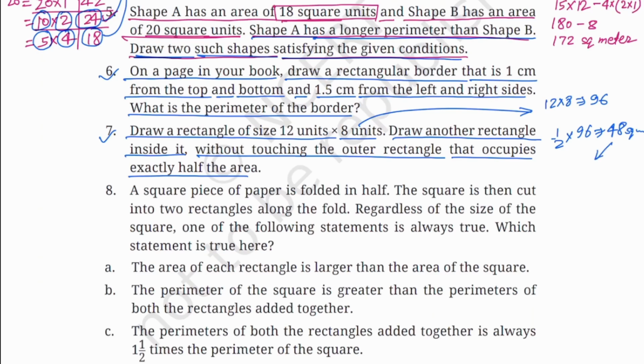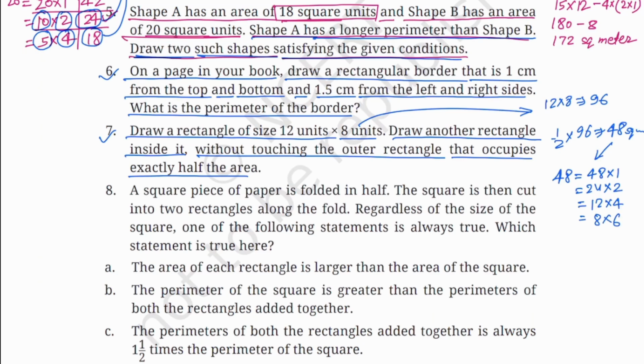Probable length and width for a rectangle having area 48 square units: 48 into 1, 24 into 2, 12 into 4, and 8 into 6.